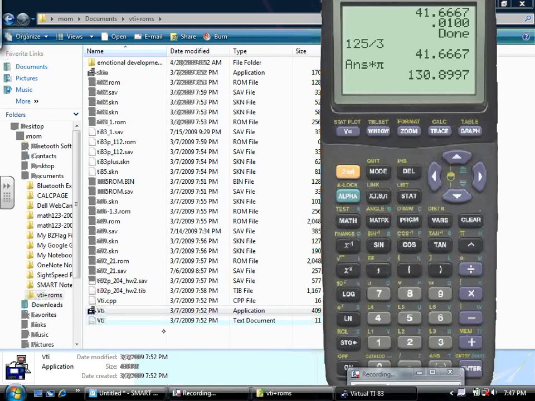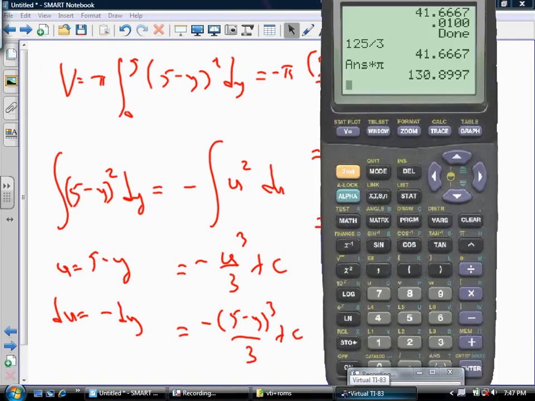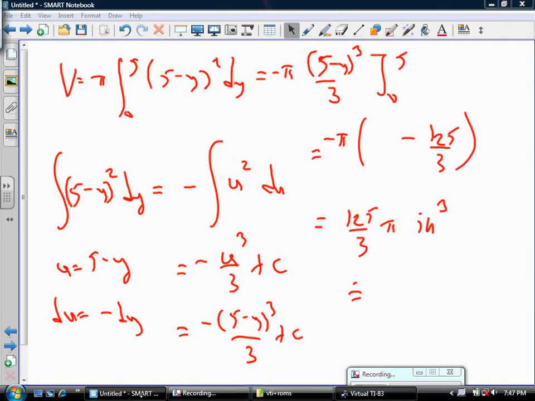So that's approximately 130.900, okay. So 130.900 cubic inches.